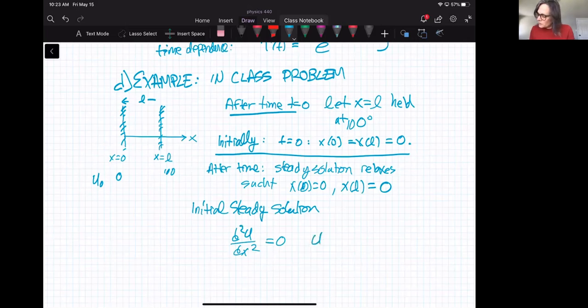So what does u sub 0 of x look like? What's the solution to Laplace's equation in one dimension? What form does it take? What kind of function is 0 after two derivatives?